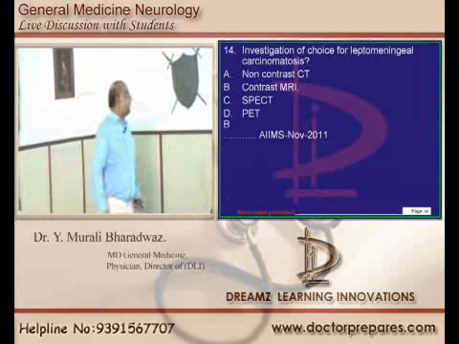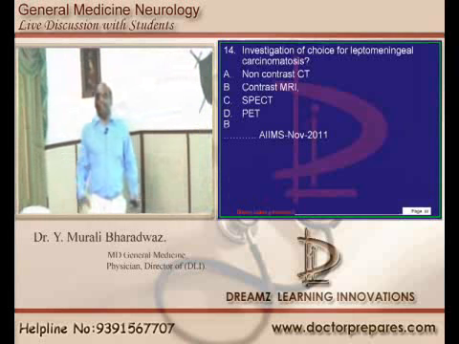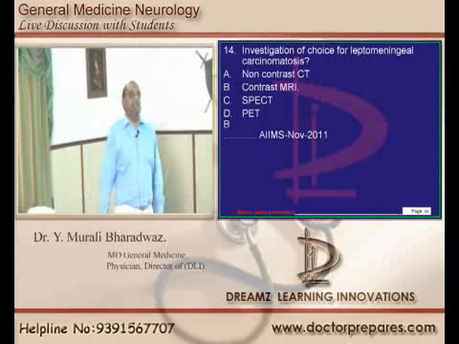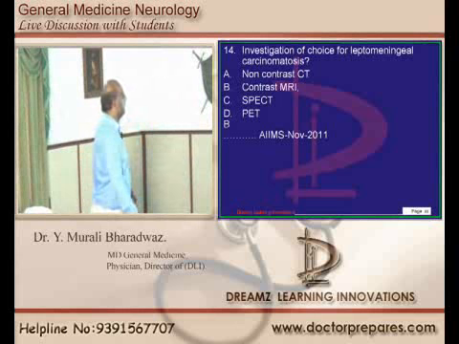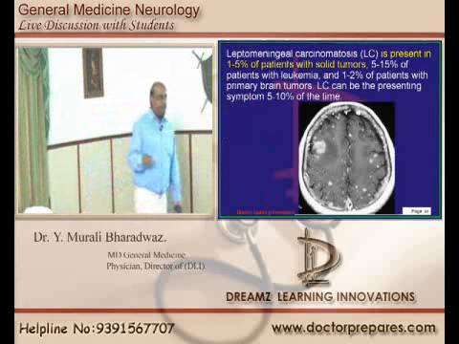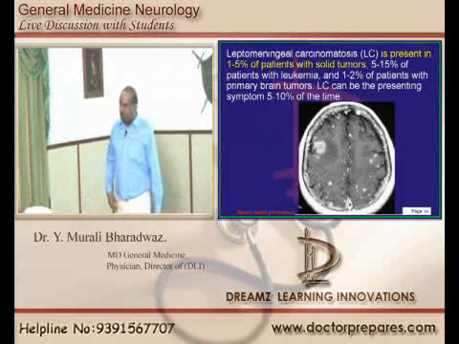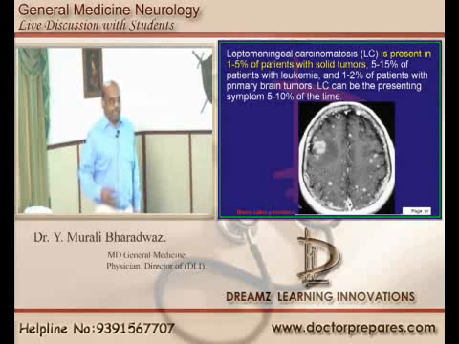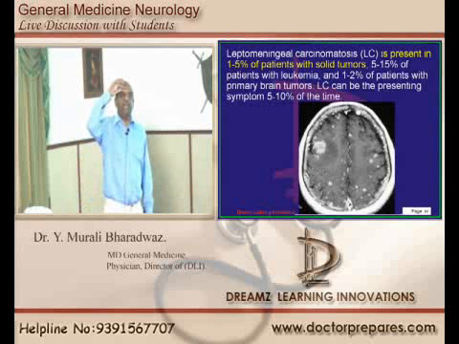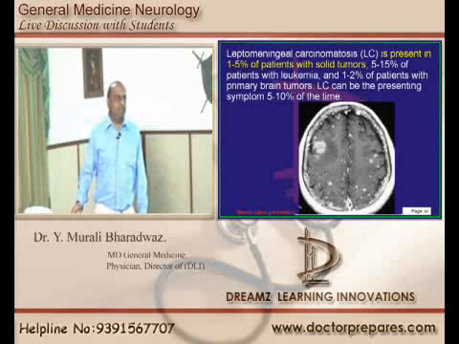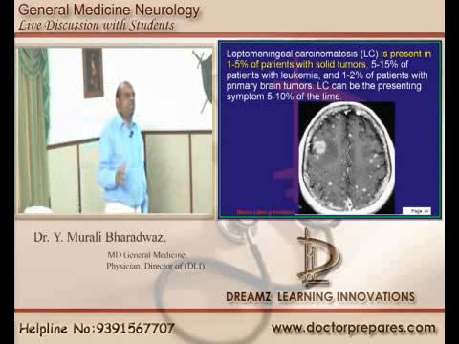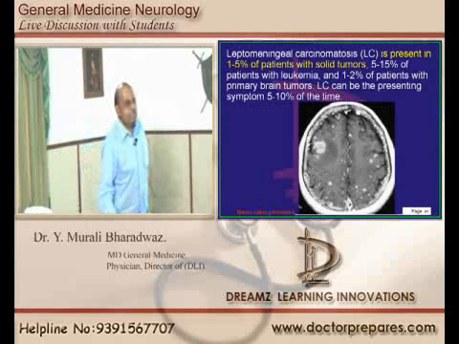Now leptomeningeal carcinomatosis, if you are suspecting, how do you want to evaluate the patient, was the question of AIIMS November 2011. Around 1 to 5% of patients who are having solid tumors will typically have metastatic lesions to their meninges, and they will have a diffuse metastasis to the meninges, and such a presentation is called leptomeningeal carcinomatosis.